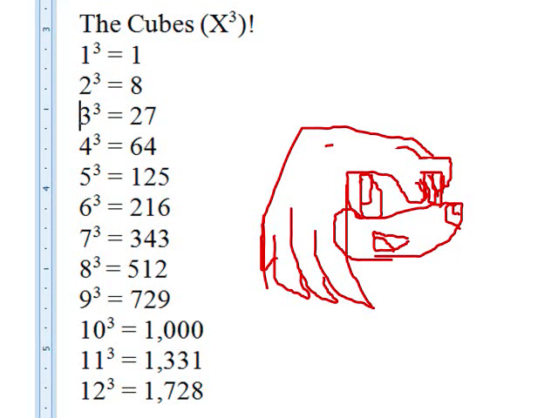Okay, so here are your cubes, and for those of you who are wondering how to do cubes, you pretty much take a number and you times it by itself 3 times.